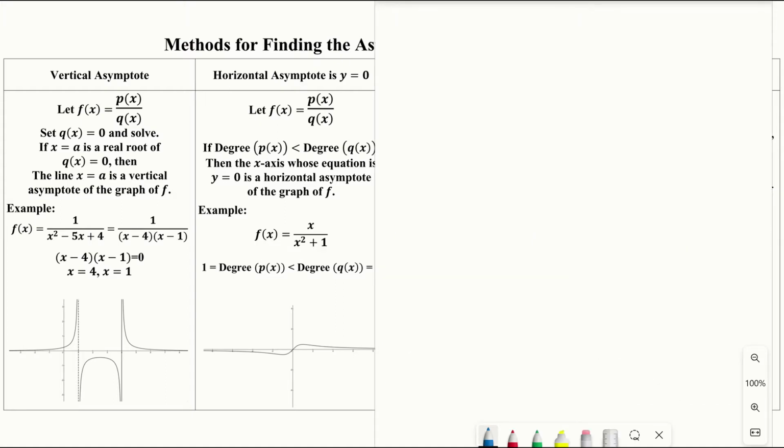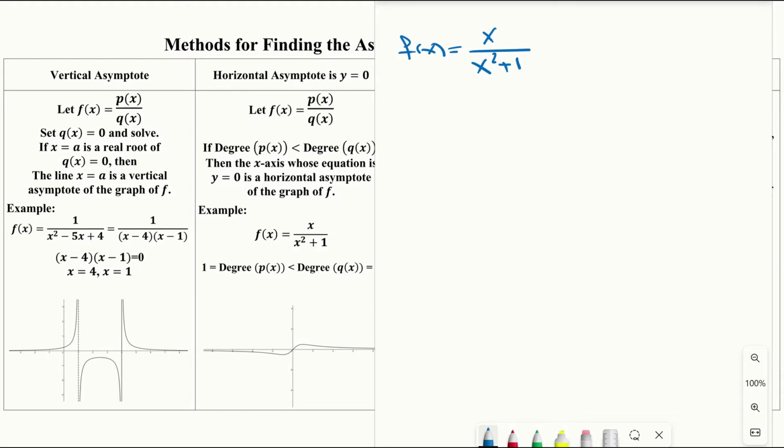Okay, so we have f(x) = x/(x² + 1). The way we can find out why this happens is by a clever trick.